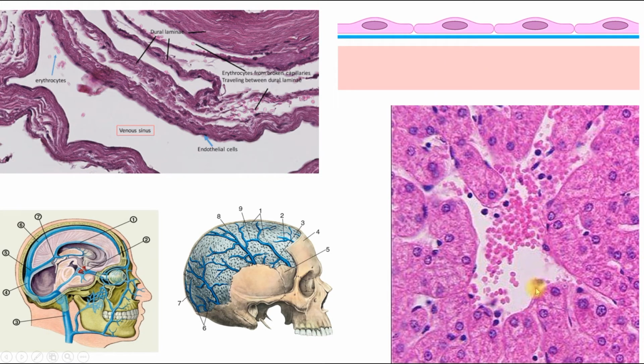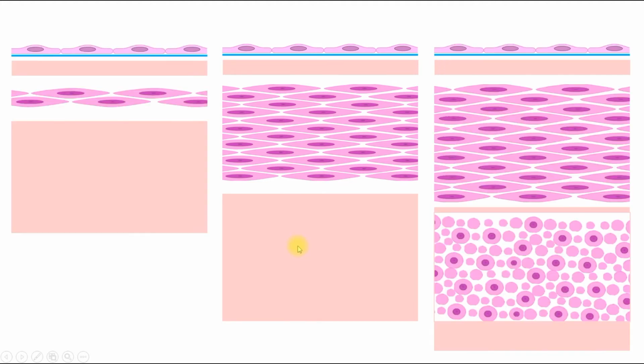Here we can see an amuscular vein of liver. Muscular veins have three types. They have 3 degrees of development of muscles. Here we can see a vein with middle development of muscles, with poor development of muscles, and with good development of muscles, or well-developed muscles. So what is different?